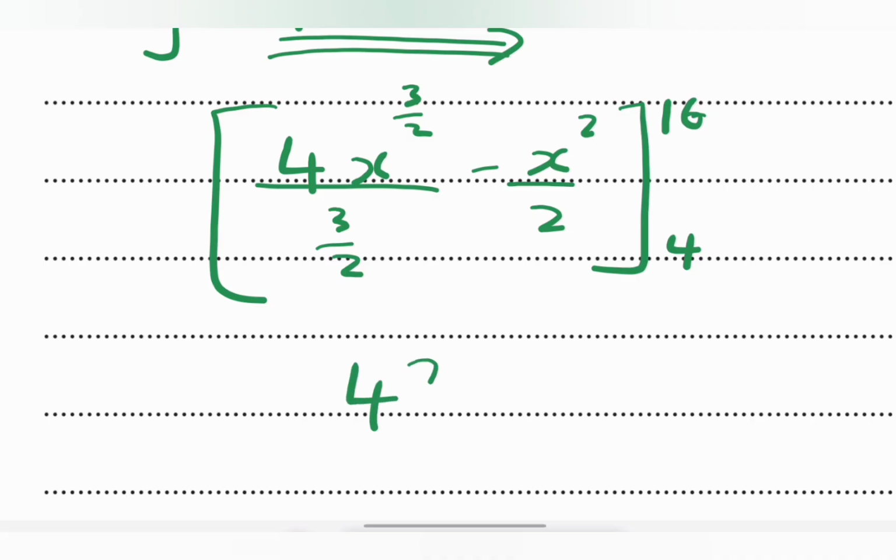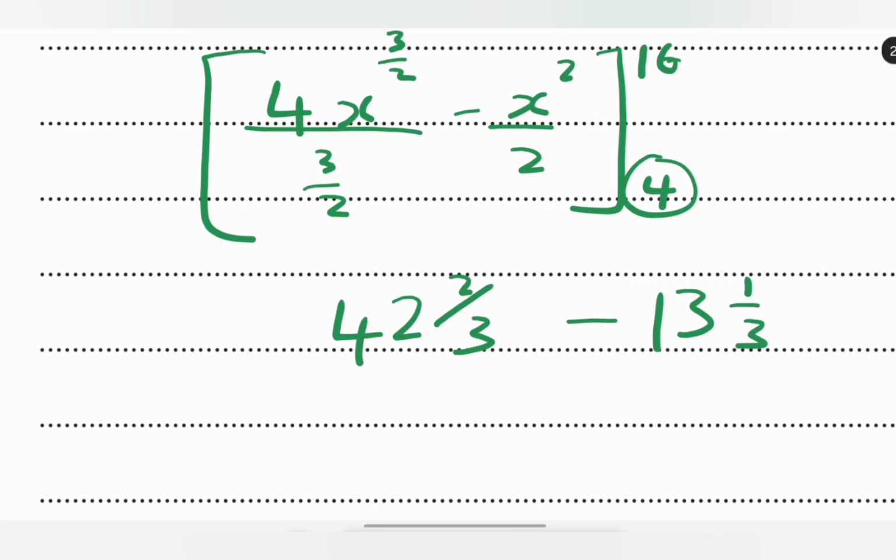That is giving me 42 and 2/3. Then I subtract what I get after substituting 4. So I'm just going to replace my 16 with 4 in the calculator, and it's giving me 13 and a third.